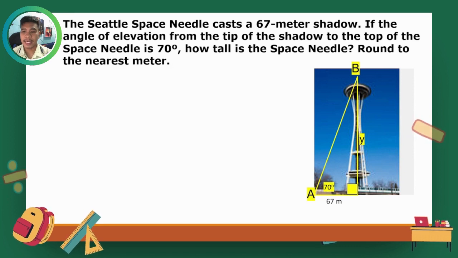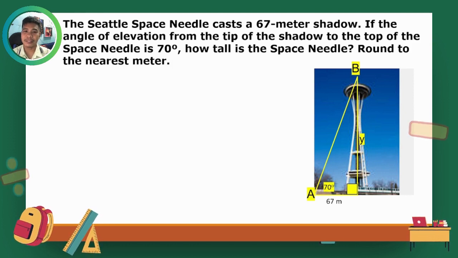As you can see, angle A here is 70 degrees. And we have here a horizontal line below that is considered our line of sight. Therefore, angle A here is the angle of elevation to point B at the top of the Space Needle. This is a right angle since we have a square corner.